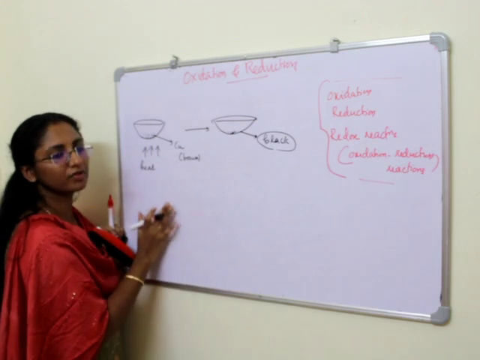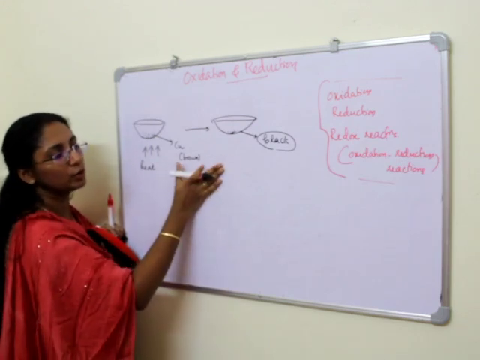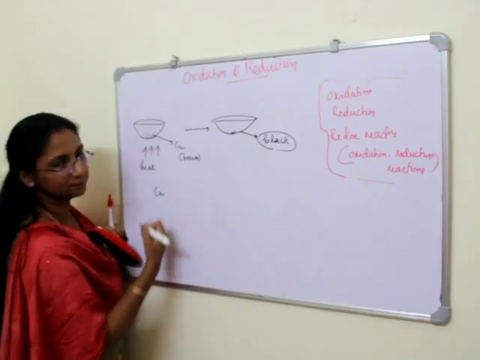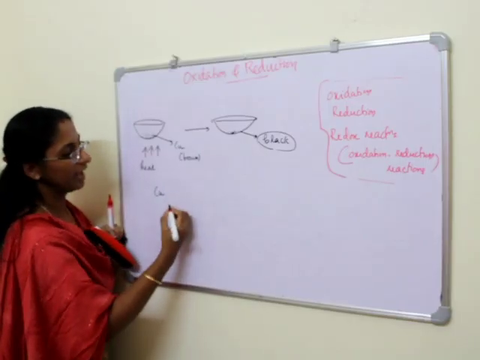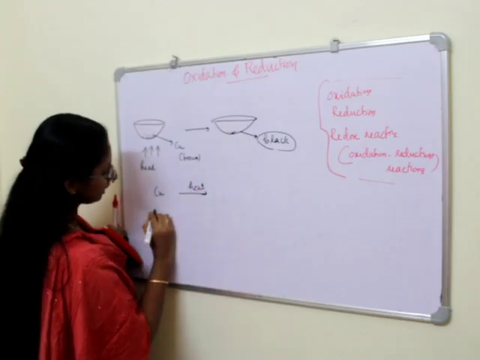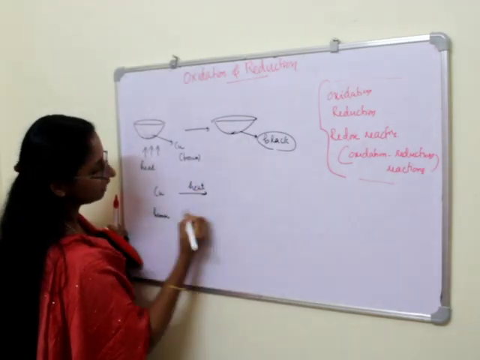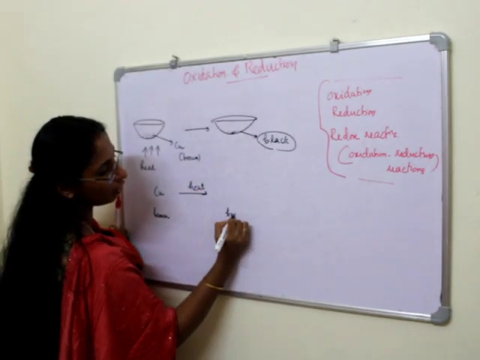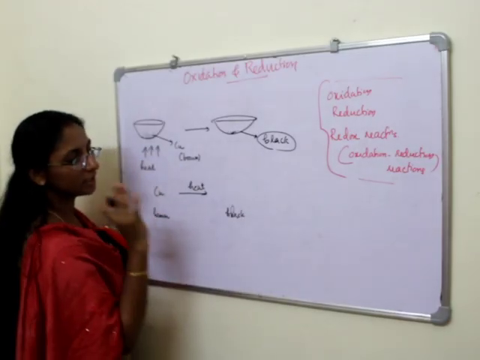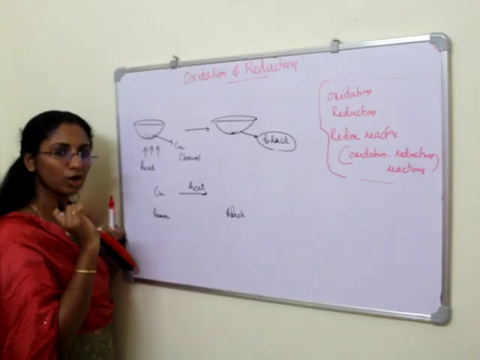So what is the chemical reaction happening when we are doing this experiment? At first we are taking copper metal, right? And we are heating this copper metal. The color of this copper is brown. After heating, the color of the copper is changed to black, right? So there must be a change in the chemical compound.